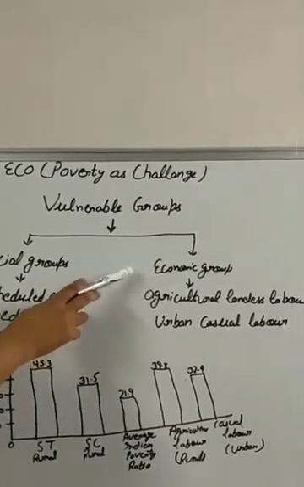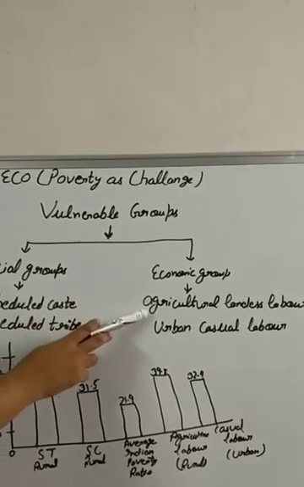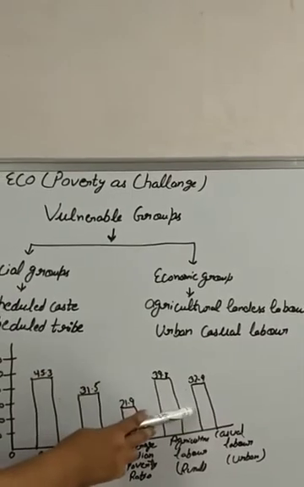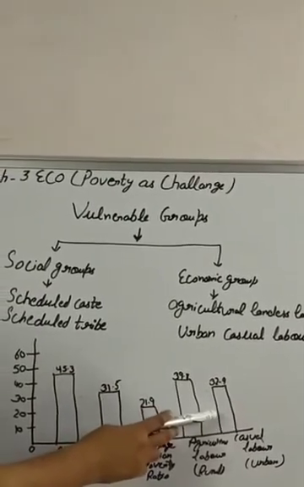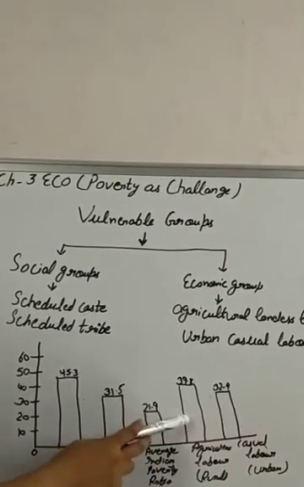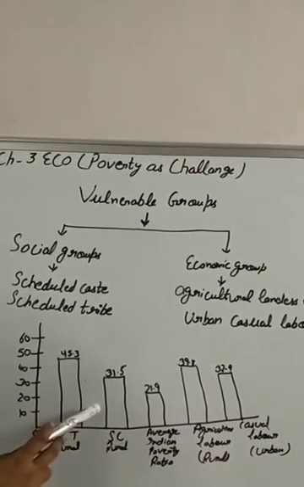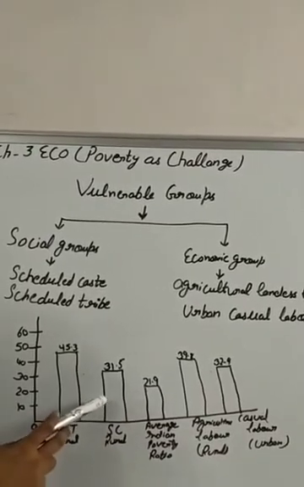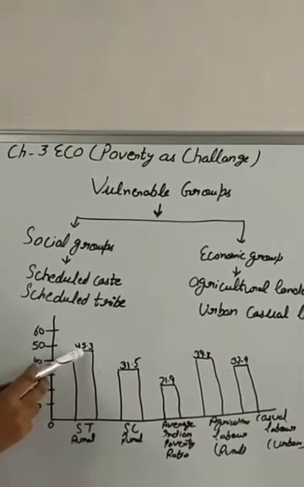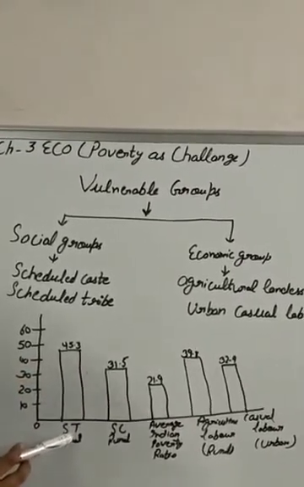Among economic groups, the most vulnerable are the rural agricultural landless labourers and the urban casual laborers. 32.9% of casual workers in urban areas are below the poverty line, and about 40% of landless agricultural workers and 31.5% of scheduled castes are also poor. On average, 45.3 out of 100 people belonging to the scheduled tribes in rural areas are below the poverty line.